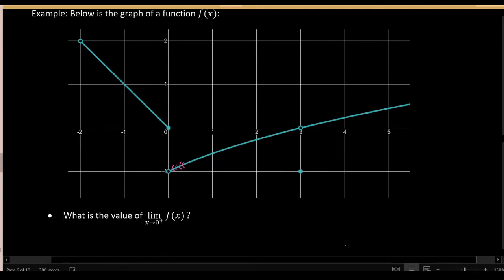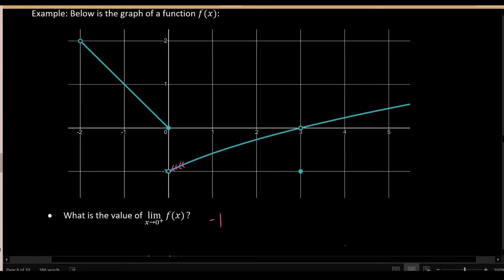The location on the graph that I'm looking at in this first problem is indicated by these little pink chevrons that I have drawn on the graph. As I follow the little pink chevrons toward 0, I'm noticing that the y values are getting closer and closer to this y value of -1. Because the y values are getting close to -1 as x gets close to 0 from the right, I'm going to say that the value of this limit is equal to -1.